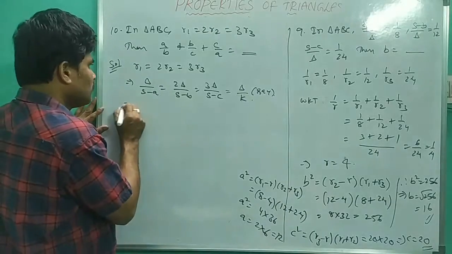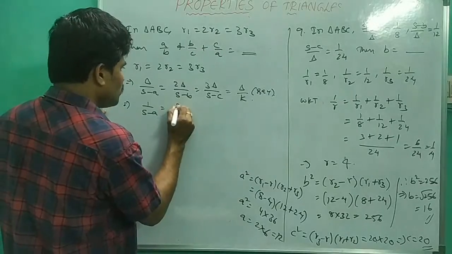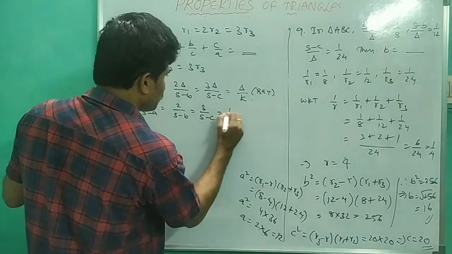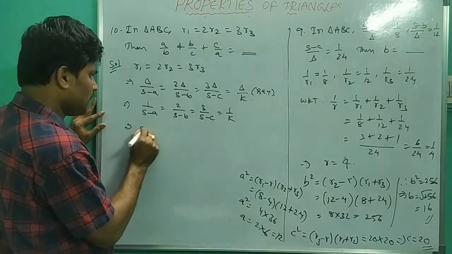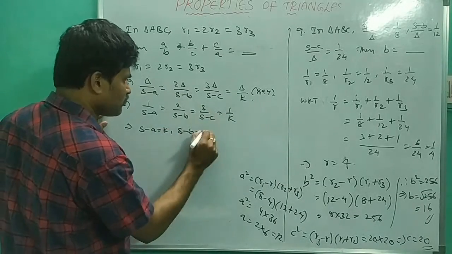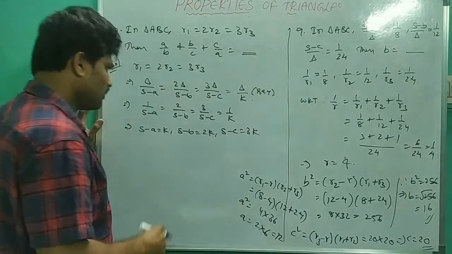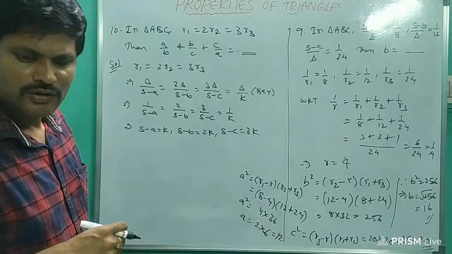Now we write here 1 by s minus a equals 2 by s minus b equals 3 by s minus c equals 1 by k. So from that we write s minus a equal to k, s minus b equal to 2k, s minus c equal to 3k.